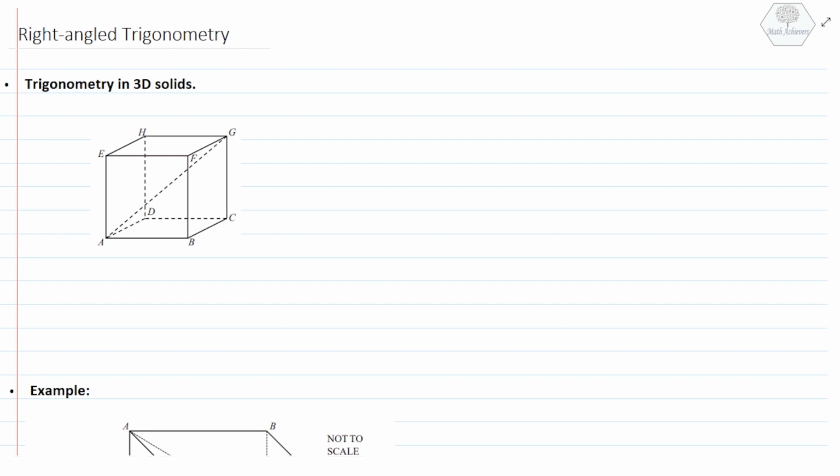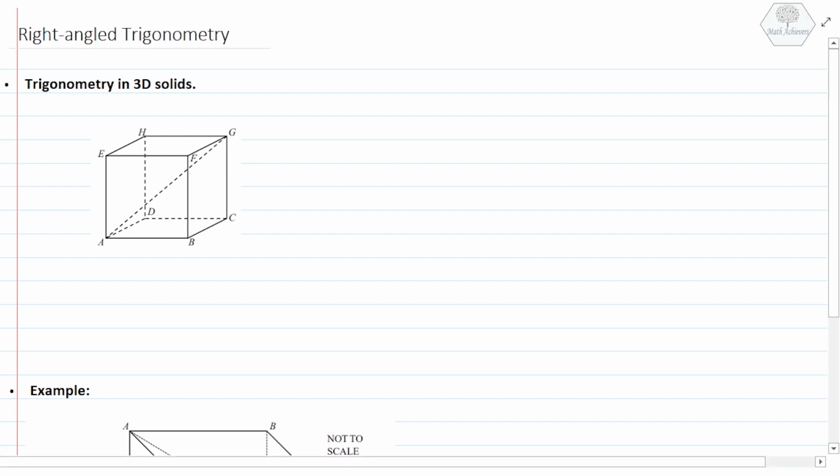Let's say that we want to find the length of AG. The length of AG is unknown, given that I know that this side is 3 centimeters and this side is 3 centimeters and the side CG is 4 centimeters.